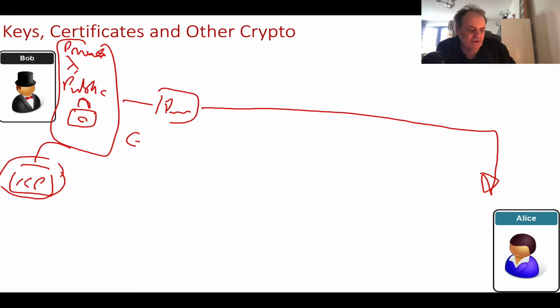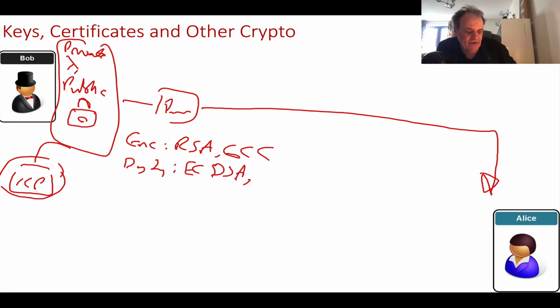In terms of encryption, for public key we might be using RSA or elliptic curve. In terms of digital signatures, we might use ECDSA or good old DSA, or even EdDSA.